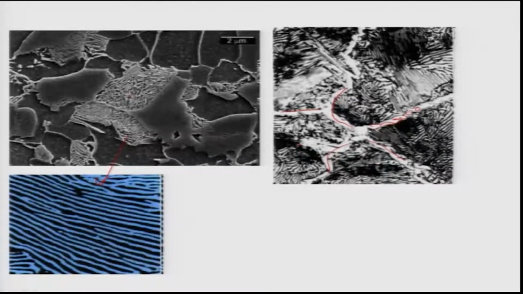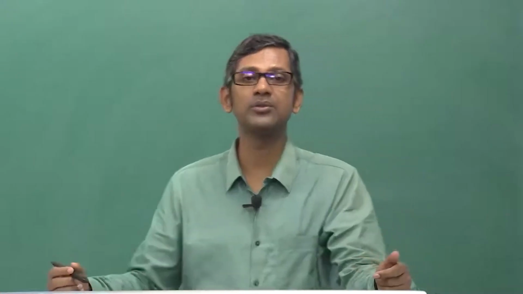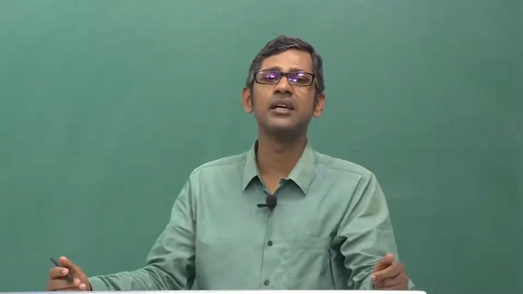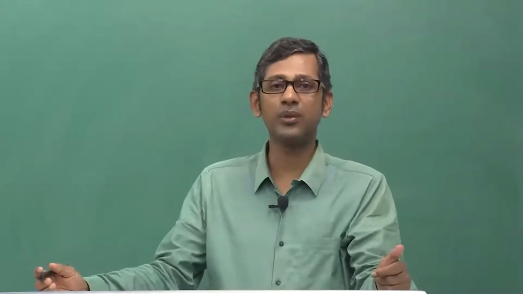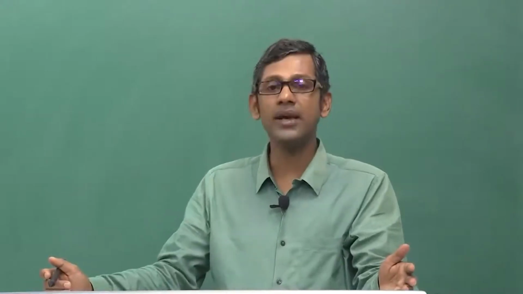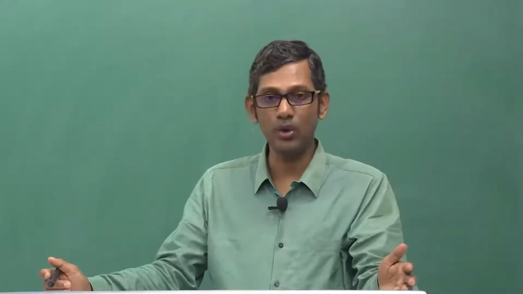But remember, the volume fraction of proeutectoid cementite is very low. That is also understandable from the phase diagram. If you do the proper calculation using the phase diagram, you will find that the proeutectoid cementite volume fraction would be of the order of 5 to 10% as compared to the proeutectoid ferrite. So, that is why this volume fraction of cementite is normally low.